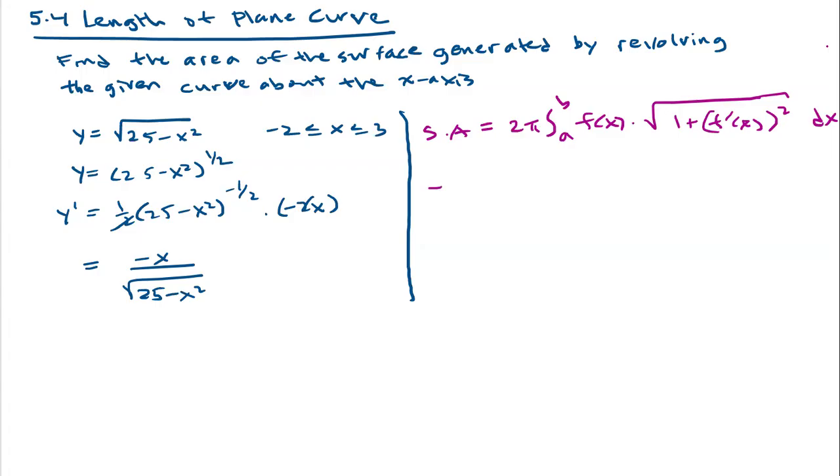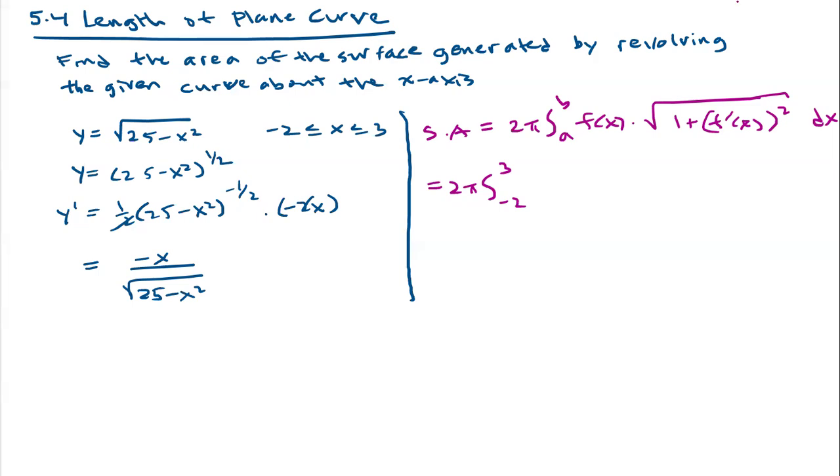Let's write that here: 2 pi integral from -2 to +3. And what's going to be our f of x here? f of x is our y, the square root of 25 minus x squared. So that's what we're going to write down.